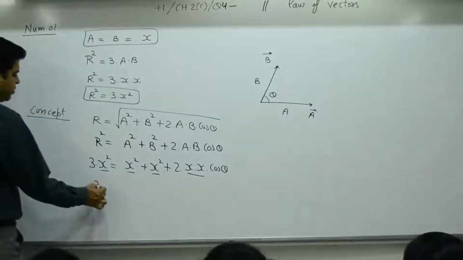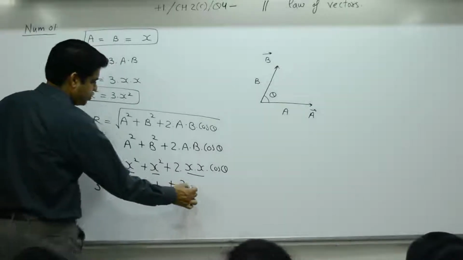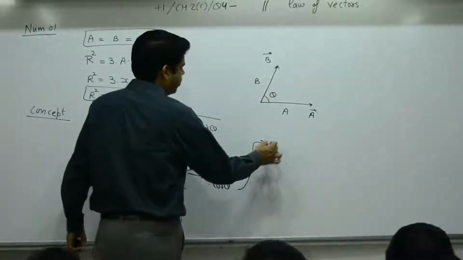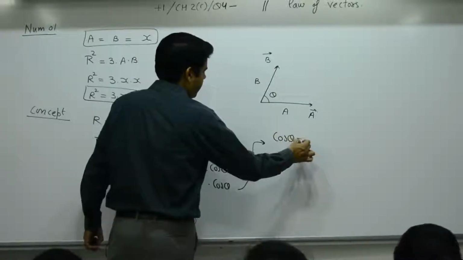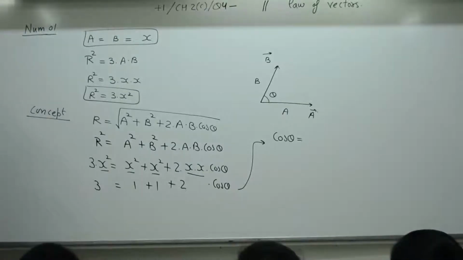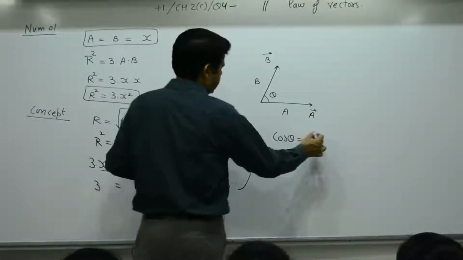If you take x square common, 3 is equal to 1 plus 1 plus 2 cos theta. Solve and find cos theta. Cos theta is equal to what? 1 by 2. That is the first step.